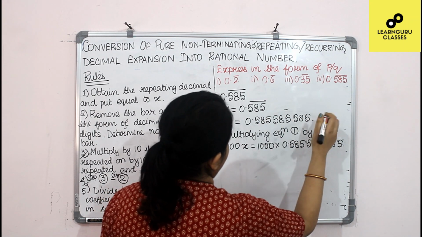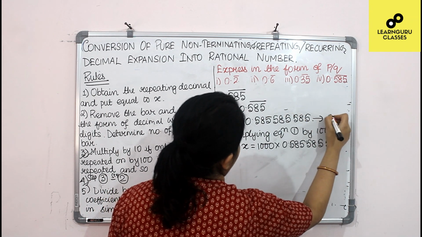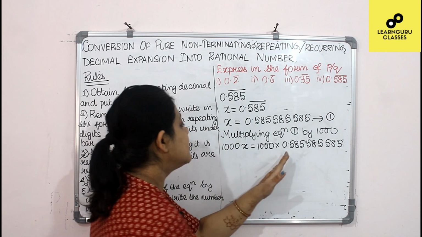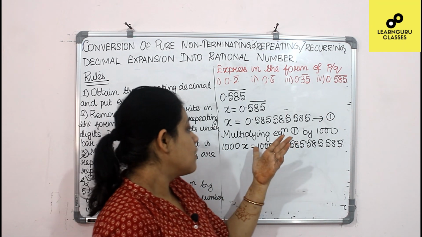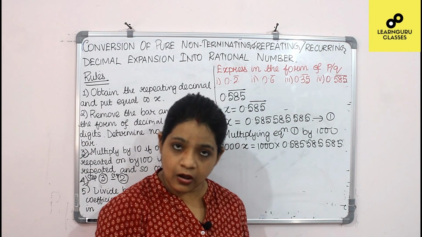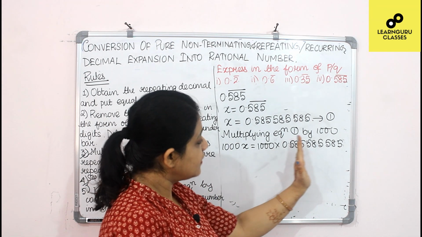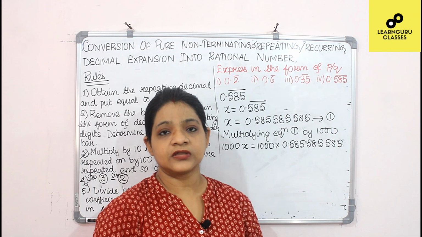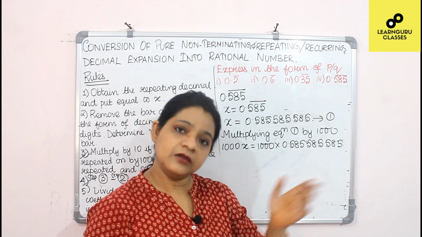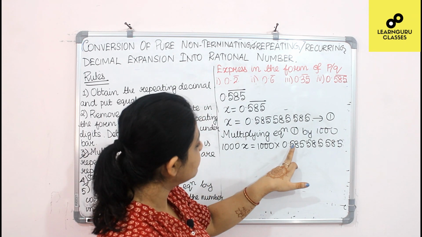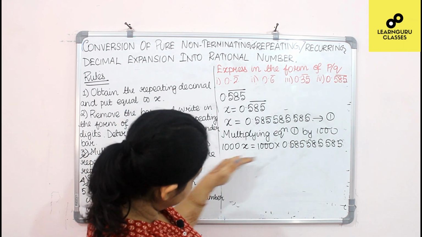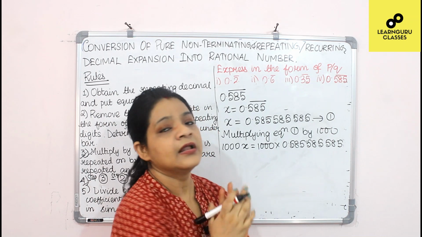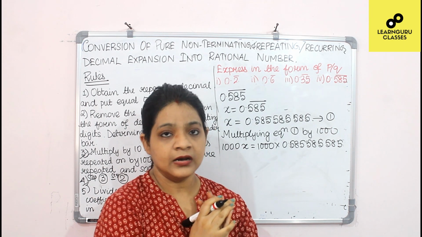This will be equation 1. Since it is multiplied by 1000, 3 digits will be shifted before the decimal. So 585 will be shifted and the rest will be left behind after the decimal.